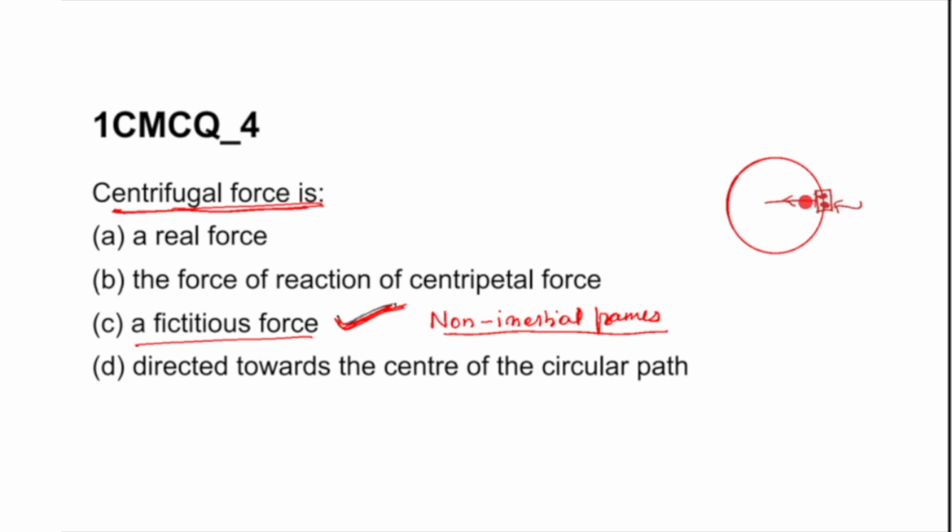It is having this force this side, so it should move this side. Why is it not moving? To explain to this person who is rotating with it, who is in the non-inertial frame, we say that we have a fictitious force which is called the centrifugal force. So we only use this when our frame of reference is non-inertial, or we are in a rotating frame of reference.